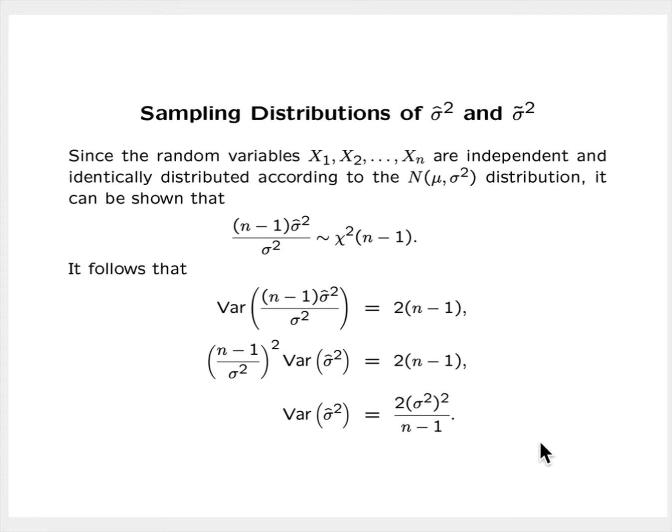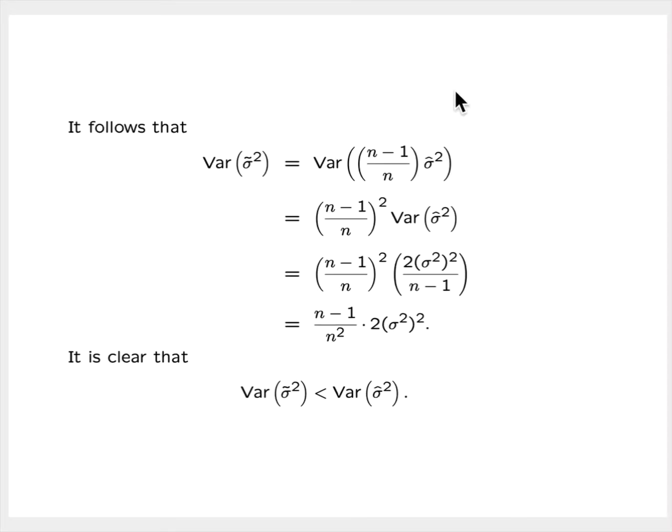And we can now use that along with this relationship between sigma tilde squared and sigma hat squared. Remember that we can write sigma tilde squared as n minus 1 over n times sigma hat squared. And so now we can derive the variance of sigma tilde squared very easily. It's just equal to the variance of n minus 1 over n times sigma hat squared. We can pull n minus 1 over n outside of the variance operation, but to do that we have to square it again.